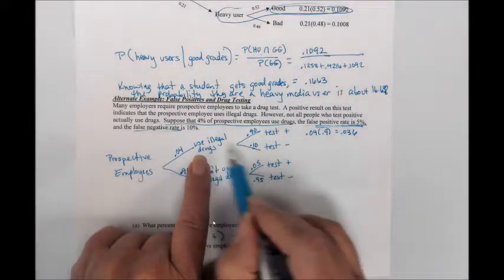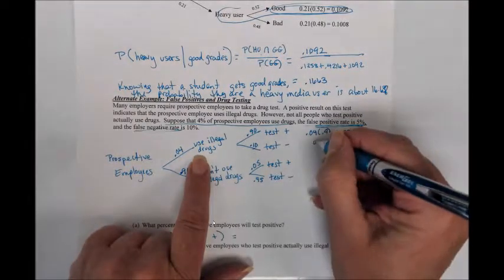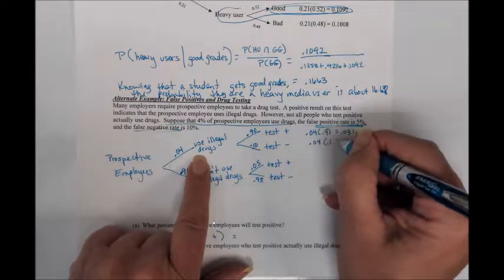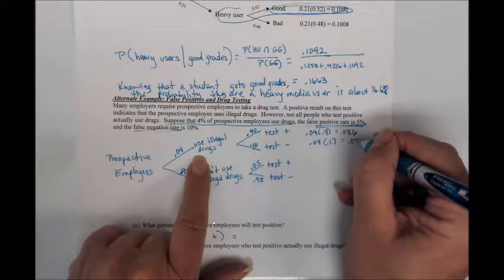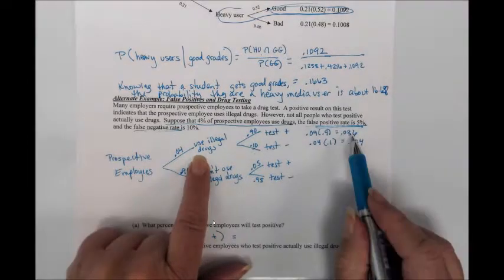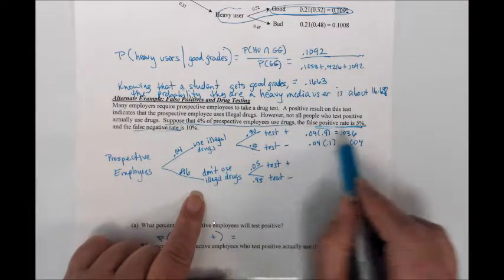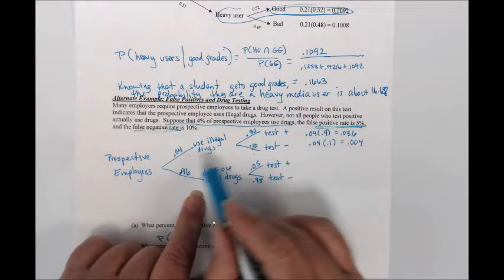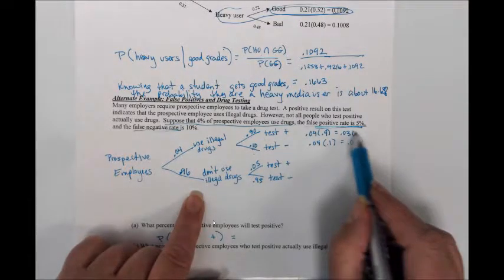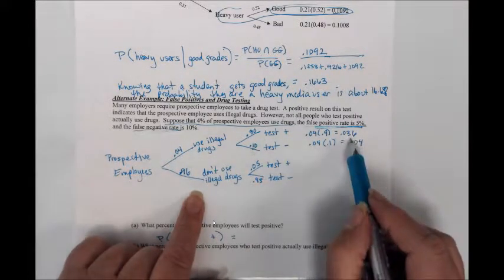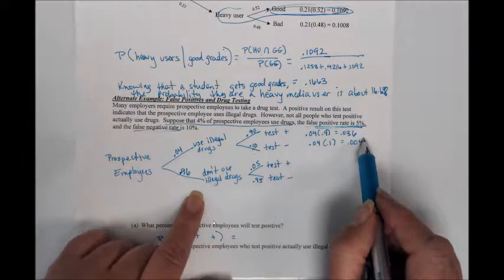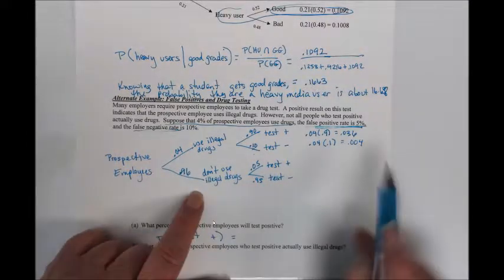Used and test negative, 0.04 times our 10%. Now again, these are small percentages because this is based on all employees. They use and test positive, they should be testing positive if they use. The reason that's so small is because that's based on all the prospective employees, and not very many of them use drugs in the first place.